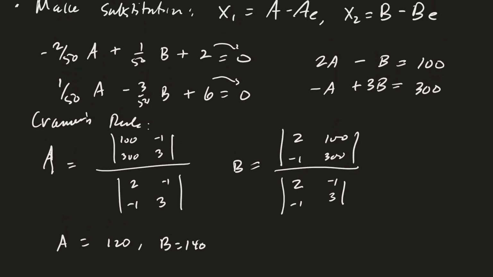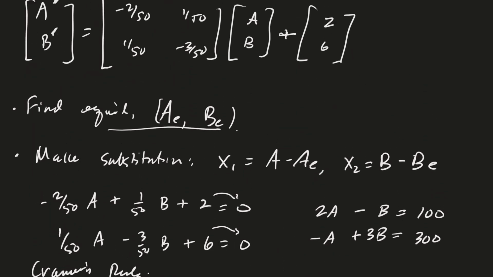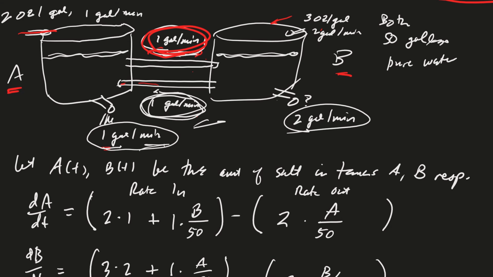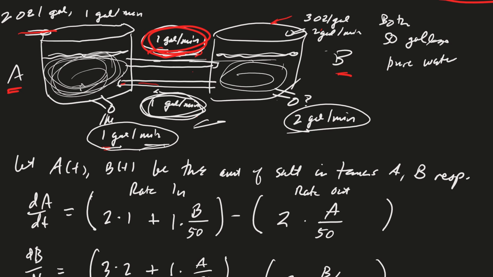And so if you check, do those seem reasonable? Does it seem reasonable that A goes to 120? Well, let's see, it's 2 ounces per gallon coming in, and I have 50 gallons, so that would be 100 ounces altogether, right? So why isn't the answer 100? It's because we have incoming from this other tank, and this other tank has more concentration than that, so it should be greater than 100 for A. Similarly for B, it's coming in at 3 ounces per gallon, and I've got 50 gallons, so it should be 150, right?